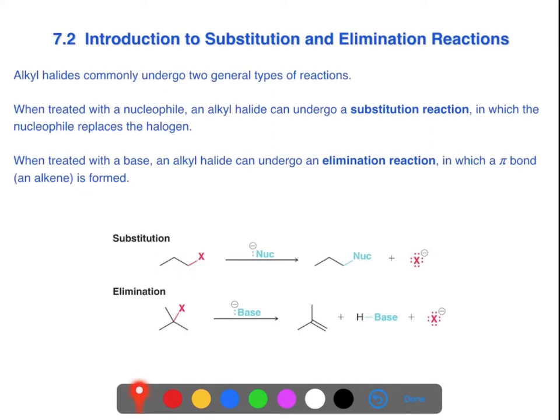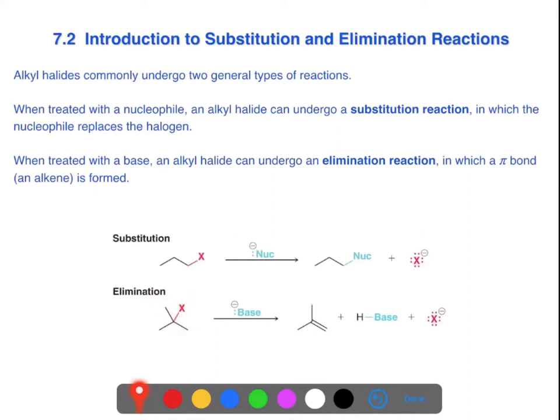Now, when a similar alkyl halide is treated with a base, as shown in this example, we observe an elimination reaction. In an elimination reaction, what is eliminated or lost is a hydrogen from the alkyl halide as well as the halogen.